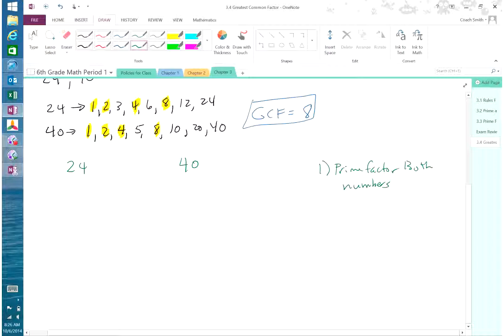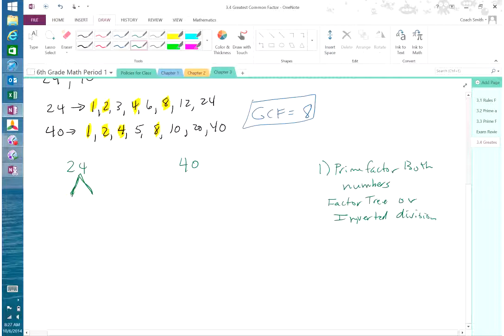Okay, remember, prime factoring is using either the factor tree or inverted division. Okay, either the factor tree or inverted division. Okay, I'm going to do one of them the factor tree way, and I'm going to do one of them the inverted division way. Do this one the factor tree.